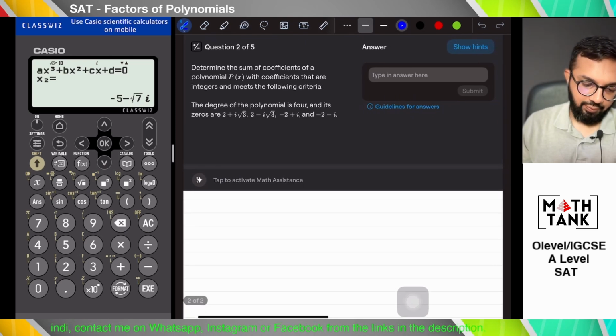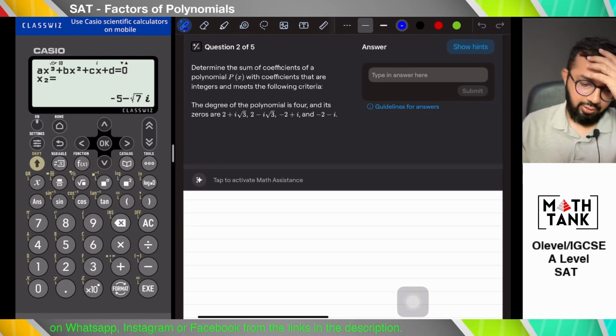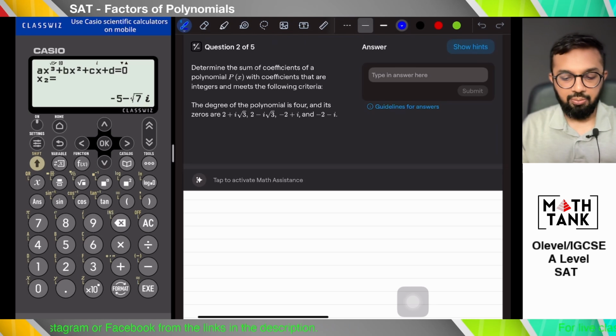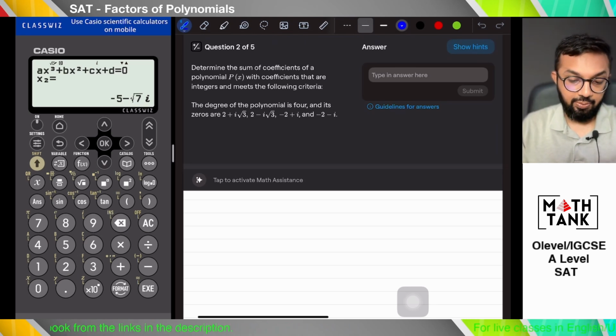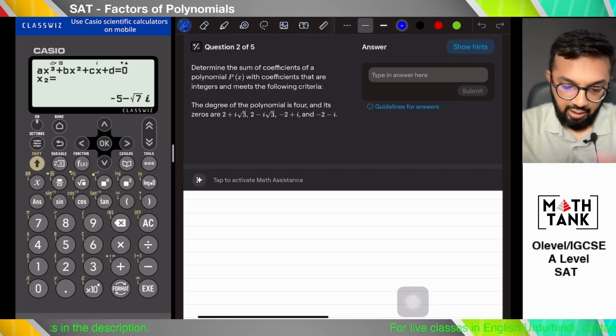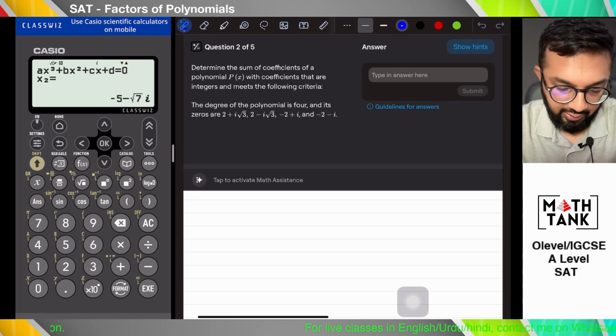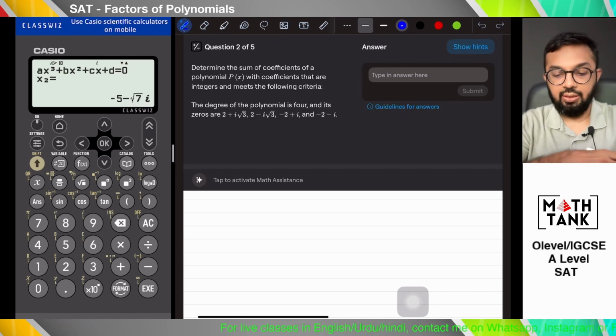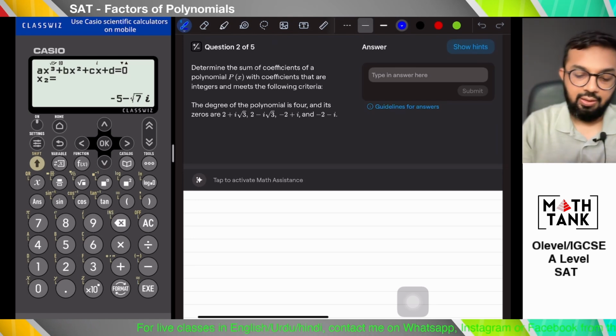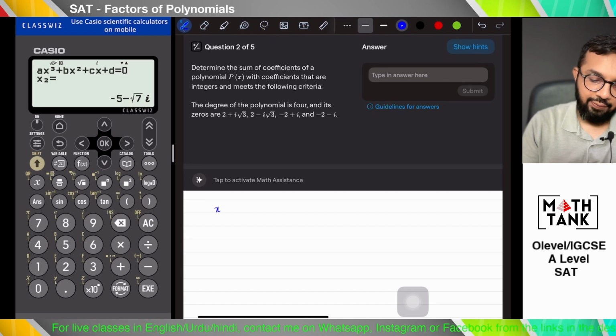Determine the sum of coefficients of a polynomial with coefficients that are integers and meet the following criteria. The degree of the polynomial is 4 and its zeros are this, this, and that. So in this case, I'm going to have to create the function. That is a tough job.